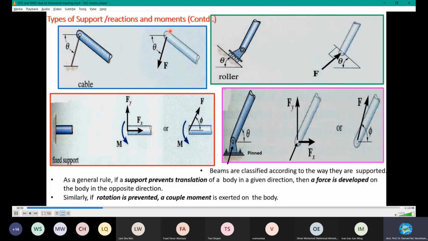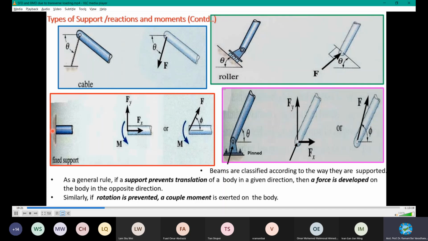That's why it applies a reactive force in this direction, equal and opposite, which is F. Here also, whether it's upward or downward depends on the magnitude and the support. Don't worry about the value or the sign, but it will exert in the direction where it is restrained. So this movement is restrained, that's why it's reacting in this direction.